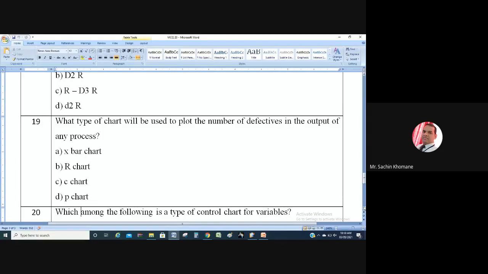The next question, second last question: what type of chart will be used to plot the number of defectives in the output of any process? For things we can measure, X and R charts are there.